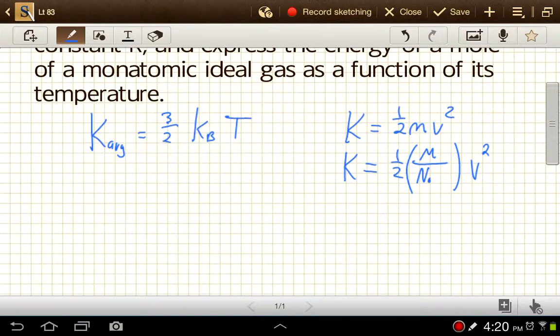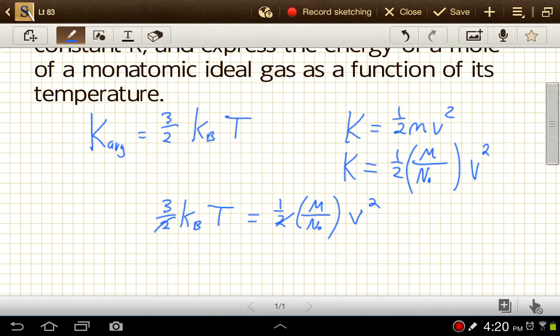Now I'll set these two equations equal to each other: 3/2 times Kb times T, the absolute temperature, is equal to 1/2 times M over N naught, molar mass over Avogadro's number, times v squared. We can multiply both sides by 2 to cancel this, and then isolate v to solve for the average velocity of a particle.